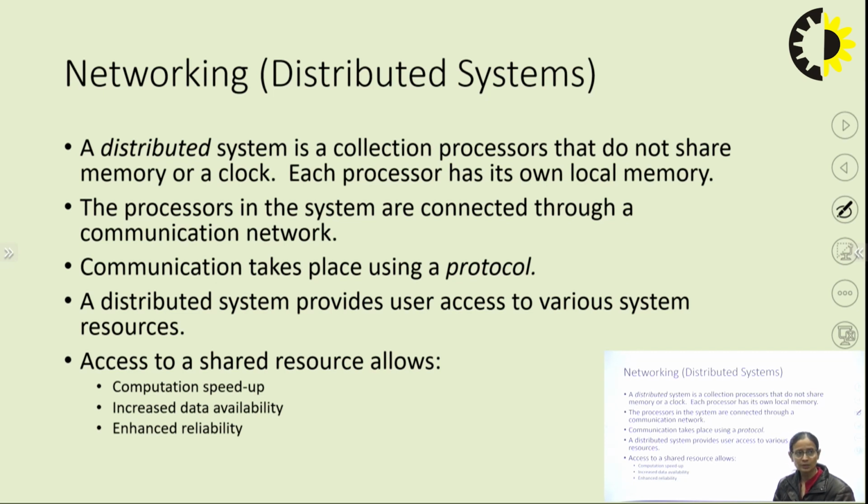Communication happens with the help of a predefined set of network protocols, for example TCP. A distributed system provides the user access to various systems and resources, access to shared resources. Why do we go for distributed computing? For computation speedup, increased data availability and enhanced reliability.